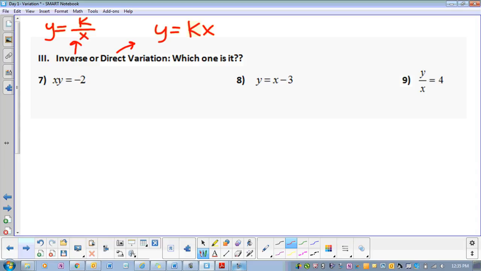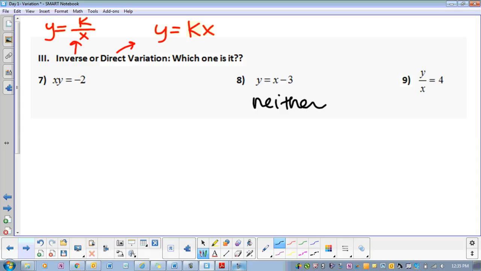Both of those are equal to what? Y. Okay, that means for every one of these examples, make it equal to y and see which one it looks like. Is it inverse or is it direct? Or is it neither? Right? Middle's neither. Okay, so the middle one is, alright. One is neither one. Not direct, not inverse.